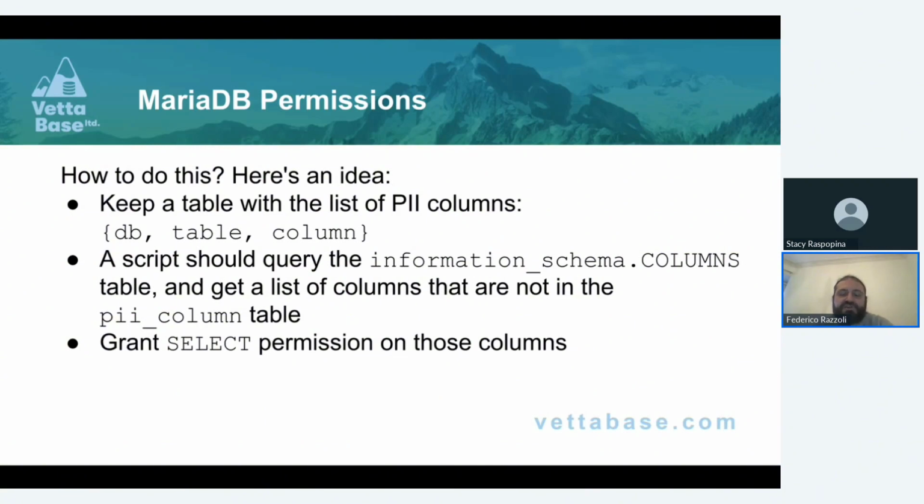So you must be sure that, for example, a column that contains an email is called email, and a column that contains a phone number is called phone. If it is called, I don't know, tel or phone1, email2, well, this will not work. So you must follow strict naming rules. If you do, you can just have a list of columns without the table name and the database name.